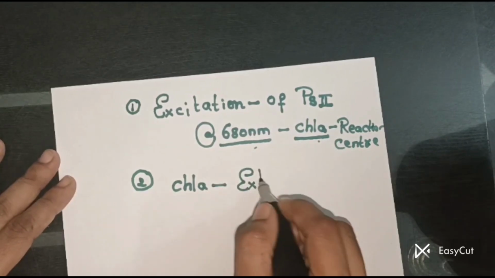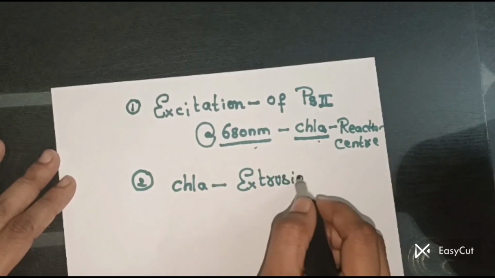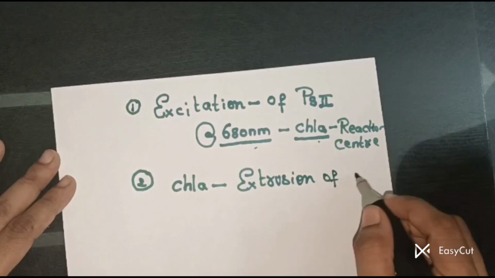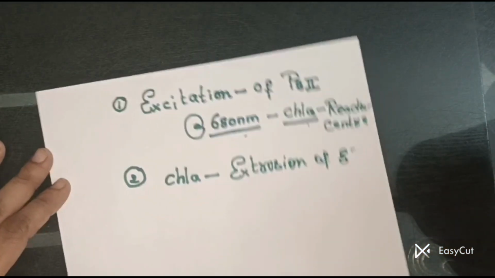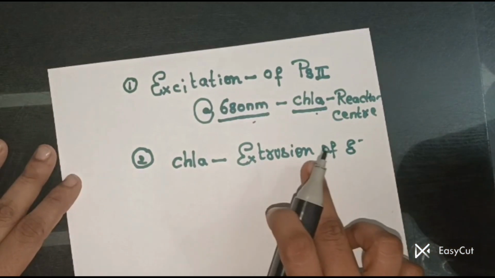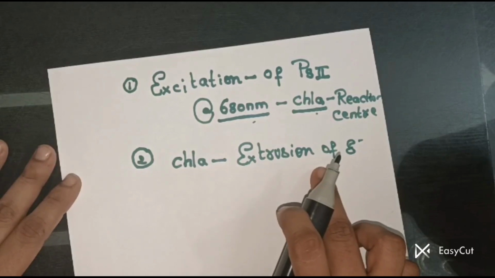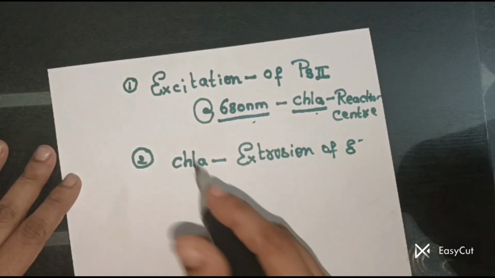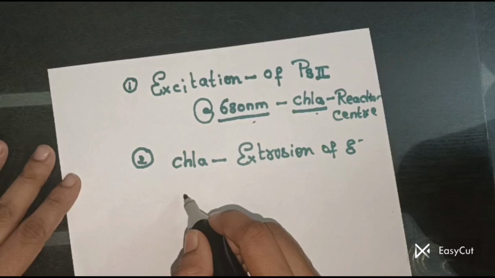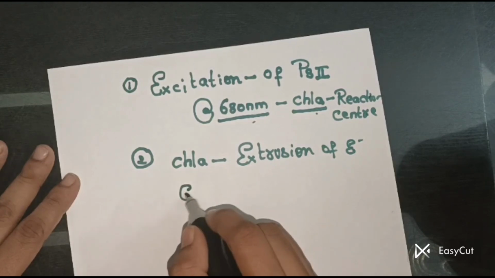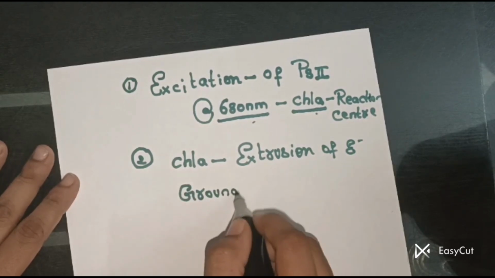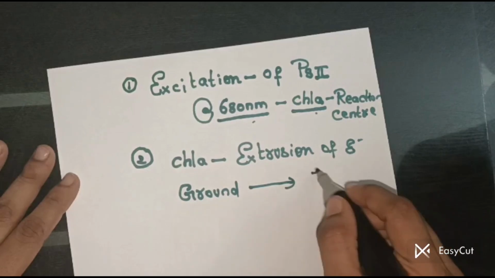So now what happens in the second step is, after excitation, the reaction center containing the chlorophyll A is going to show extrusion of electrons. Yes, it is going to extrude the electrons. When it extrudes the electrons, try to understand, on losing the electrons it is going to move from ground state to excited state.